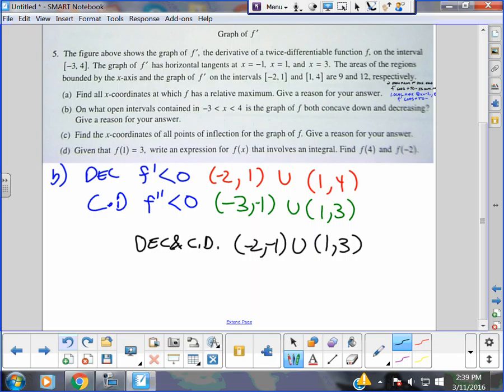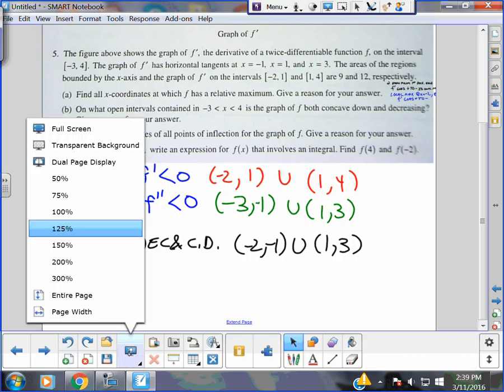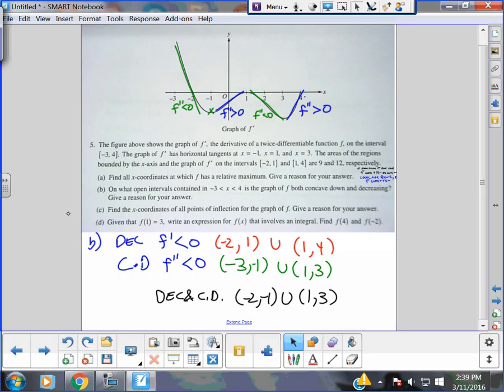If you can see that on the graph, I go back up. We agreed that this red curve was decreasing down there. The only places you can catch it are here and here, where the graph of f prime is negative and going down.